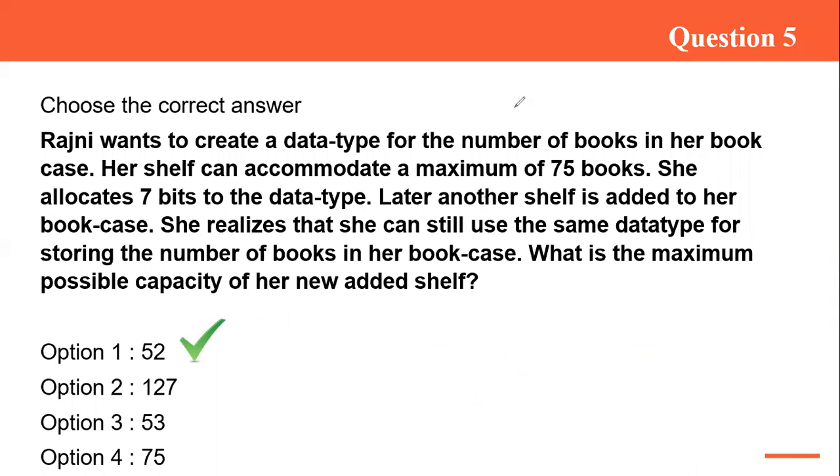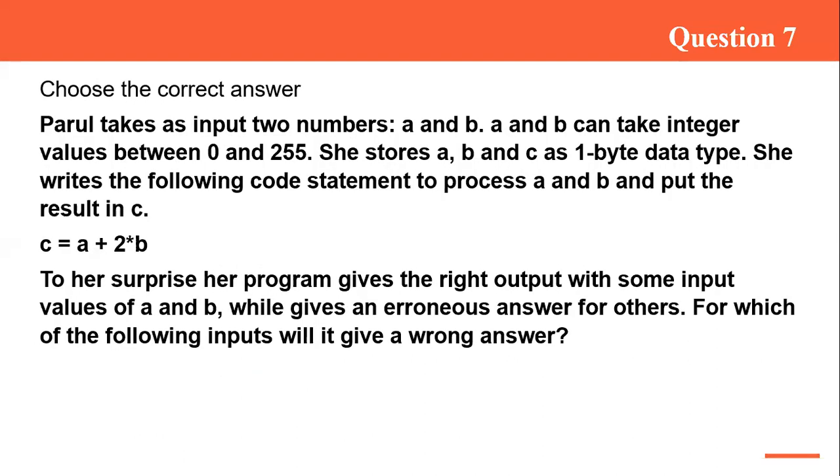Okay, cool, super. Just going back to the previous question which you were trying. I think this one you were trying. Everyone done reading this question? Parul takes as input two numbers, A and B. A and B can take integer values between 0 and 255. She stores A, B, C as a 1 byte data type. 1 byte means what, boys and girls?